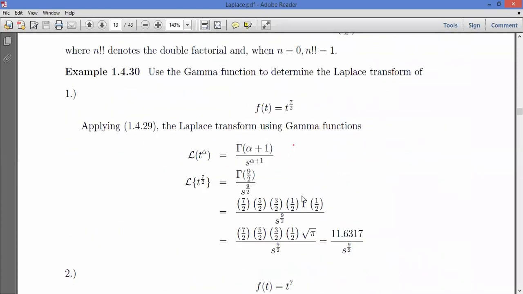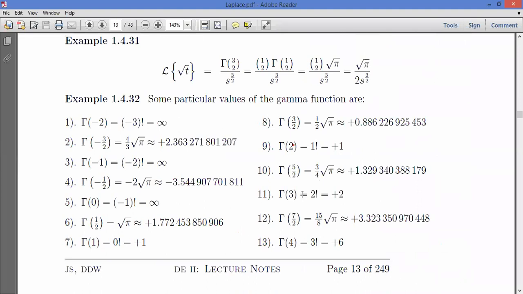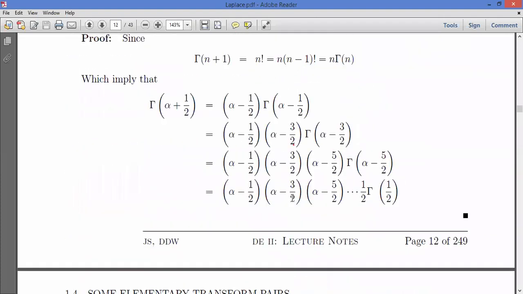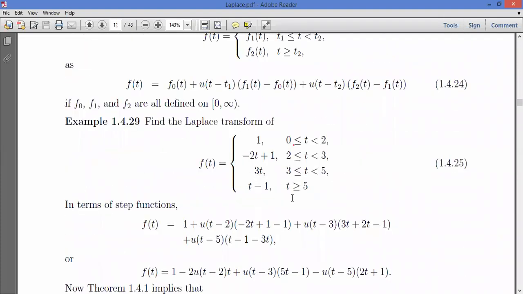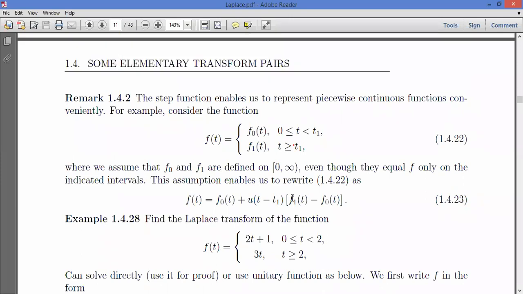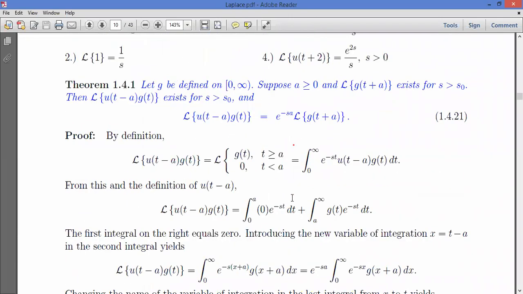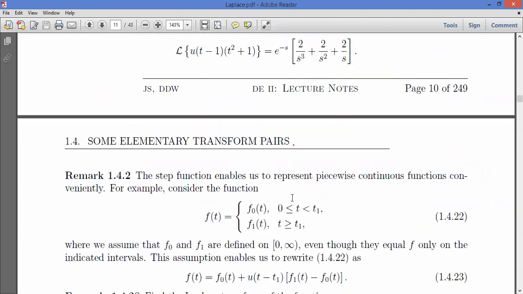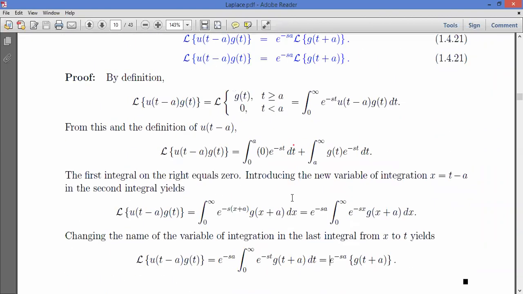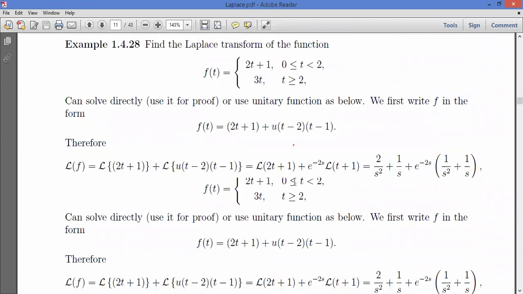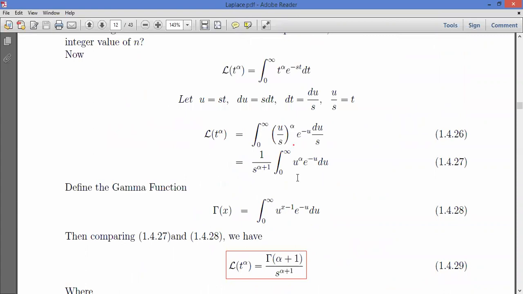From gamma functions, rules of operations. So when we meet on Monday at 11, we will pick it up from this one I have finished. We'll start from here, and then we'll go all the way.